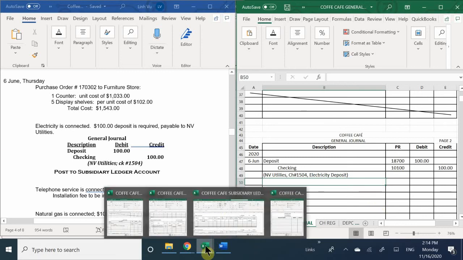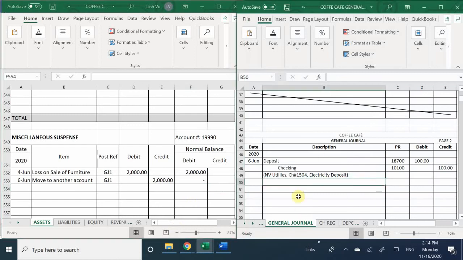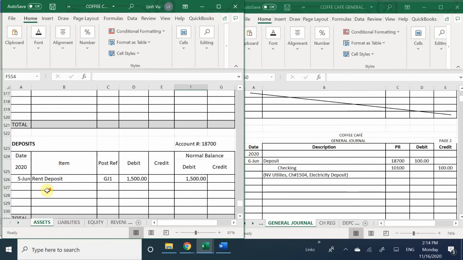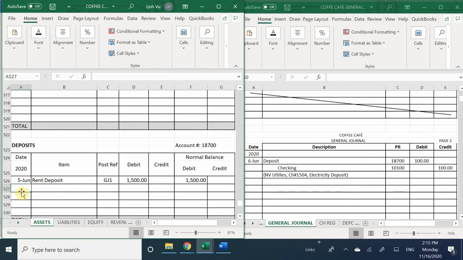So I'm going to go to my ledger, because I copy what's in my journal directly into my ledger. The first thing I did was a deposit, so that's an asset. All right, here we are. Deposits for June 6th. And then you can also write electricity deposit here. You can also say general journal number 2 this time.